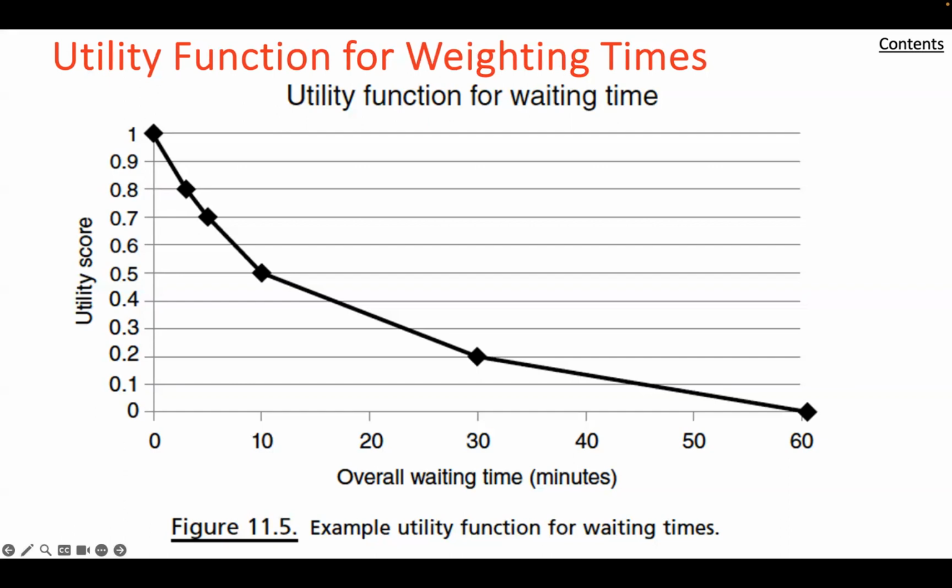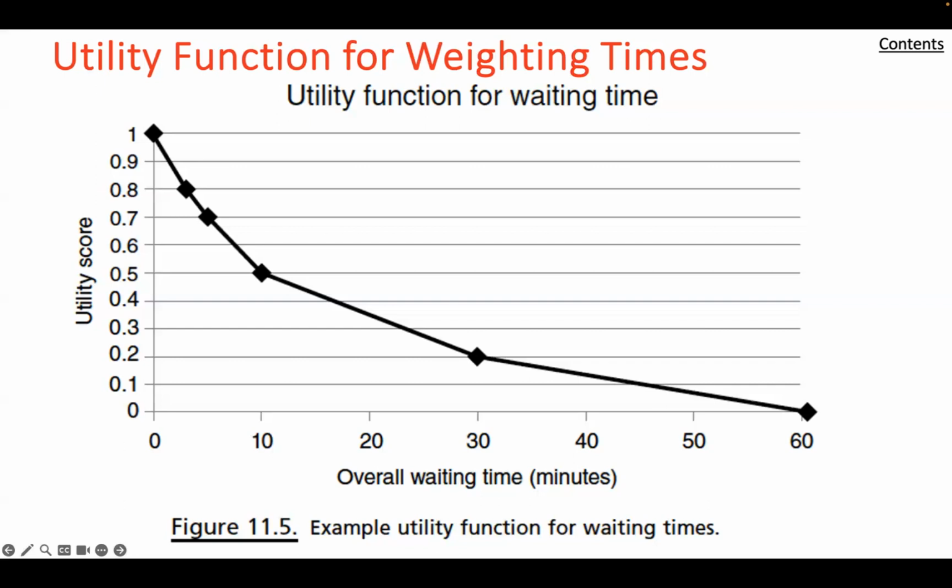We may consult subject matter experts to determine the overall value of the criteria, such as an overall waiting time, and find discrete times and value based on experience. In this case, there may be some diminishing returns, so as the waiting time increases over 10 minutes, the value becomes less and less.